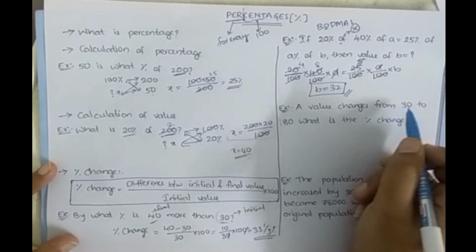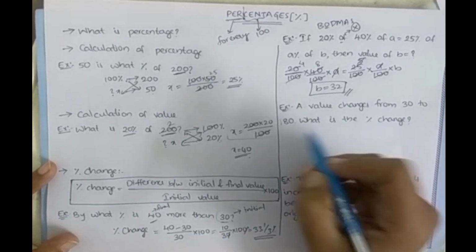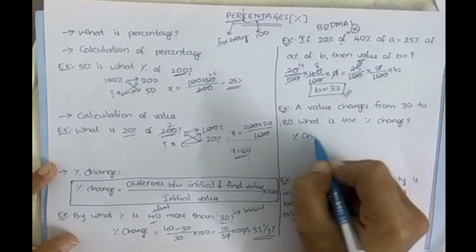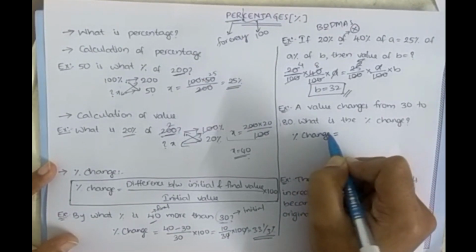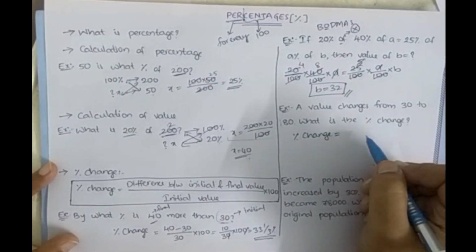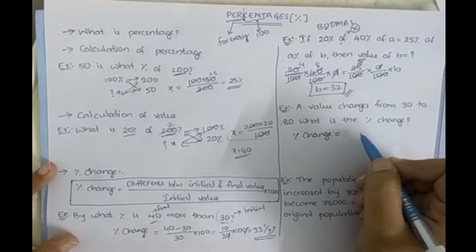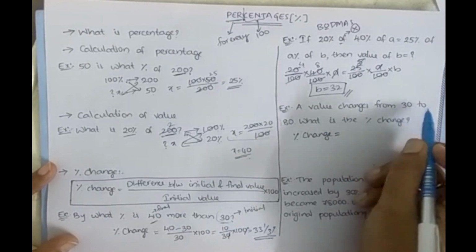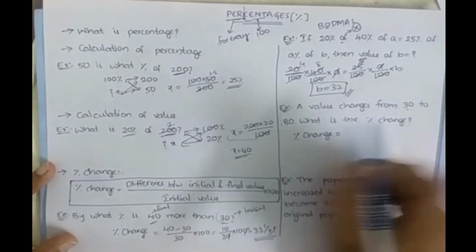A value changes from 30 to 80. What is the percentage change? Percentage change we have already learnt. We have taken two examples regarding percentage change just to learn how to find out which is the initial value and which is the final value. So a value changes from 30 to 80. Initially its value was 30, it is changed to 80.